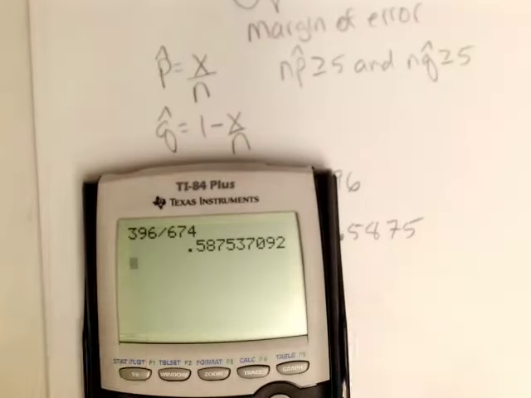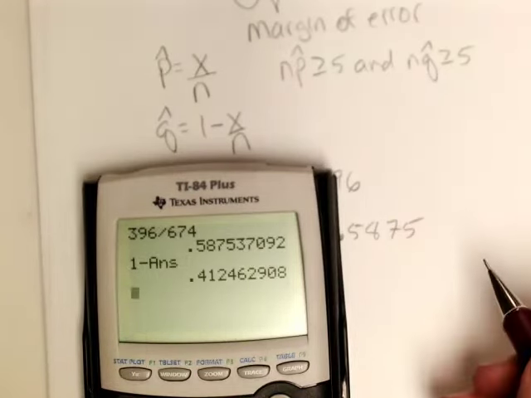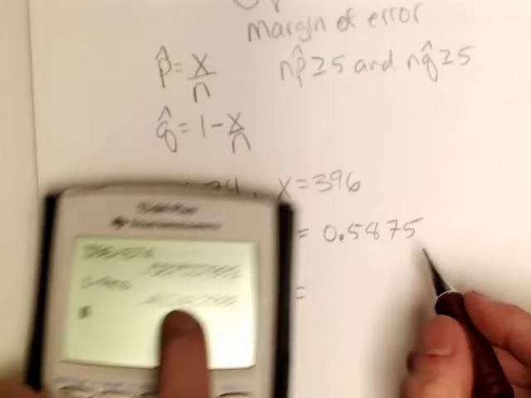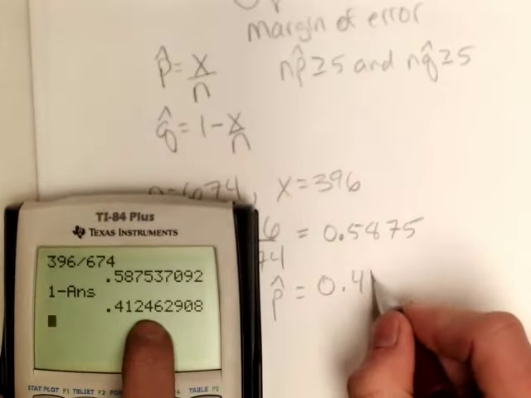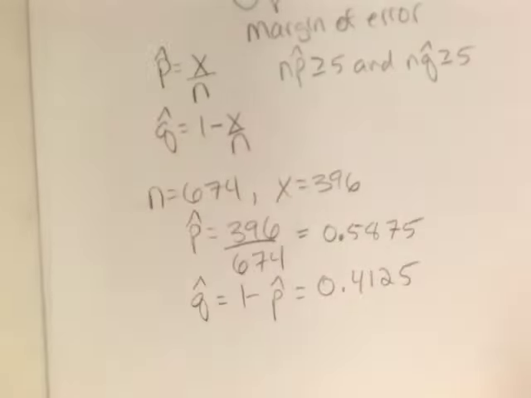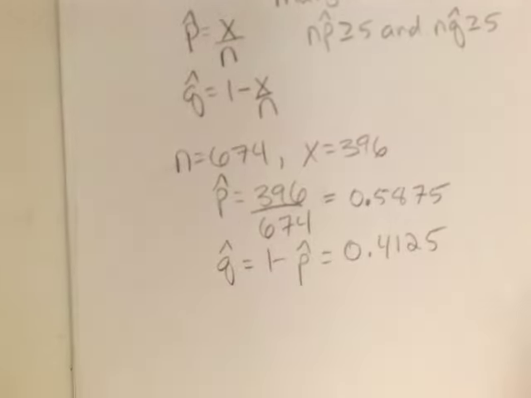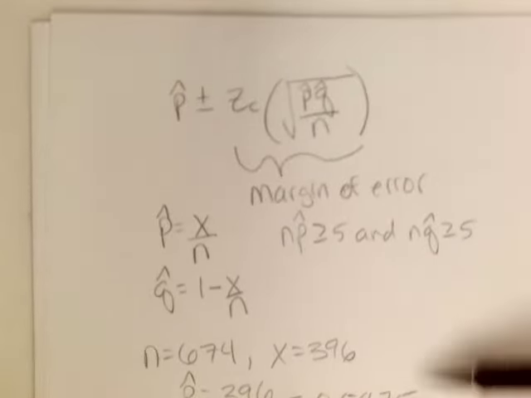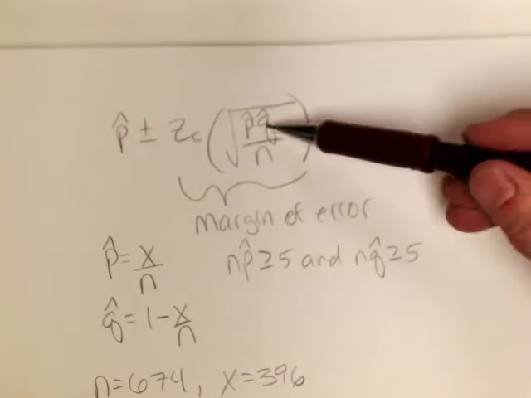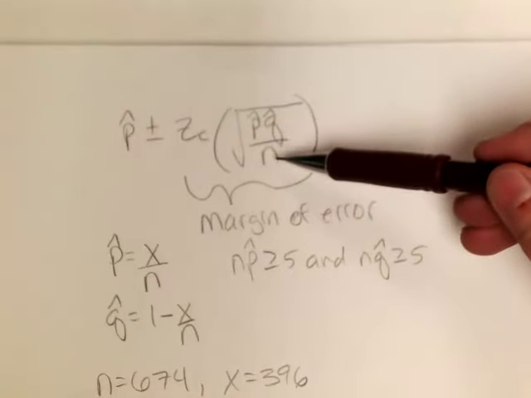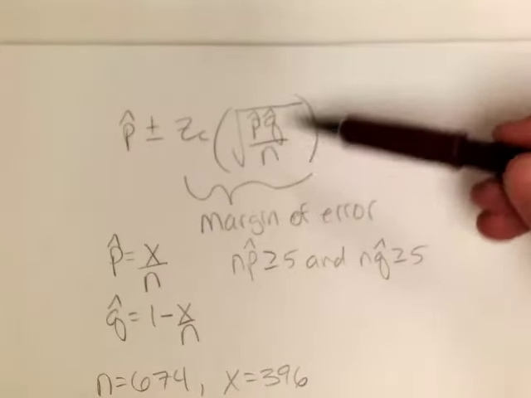I'm going to subtract that from 1, and I get q hat is about 0.4125. Now I have most of the pieces I need to input into the formula: p hat, q hat, and my sample size of 674. Now I just need the critical value.